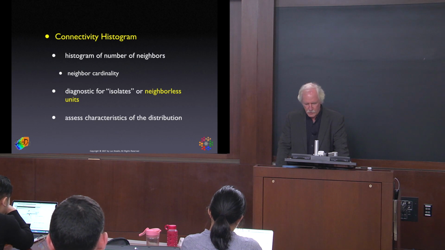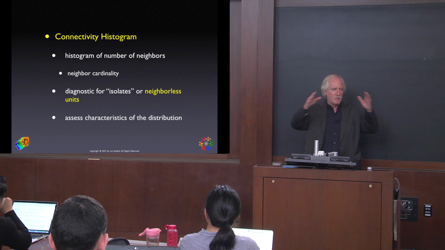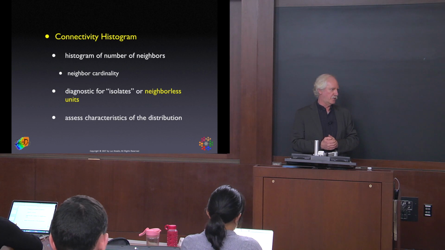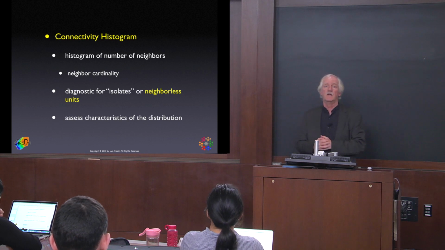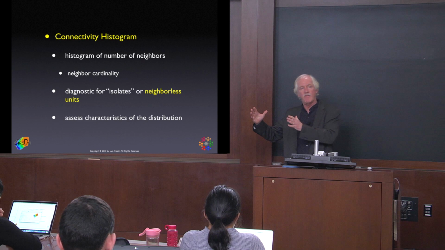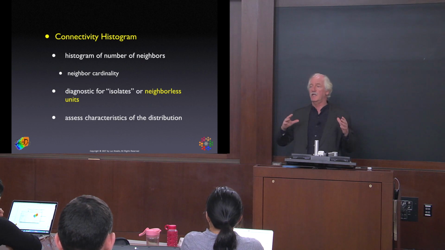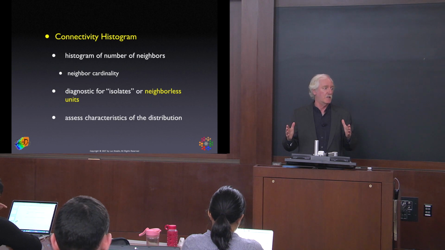And so on. What we want to get, and we'll see some examples on Monday, is a nice unimodal symmetric distribution. What we don't want to get is a bimodal distribution, where some locations have very few neighbors and some have very many neighbors. If we see that, then we might think about introducing structural change, spatial heterogeneity.